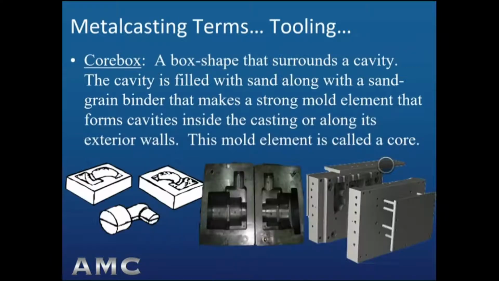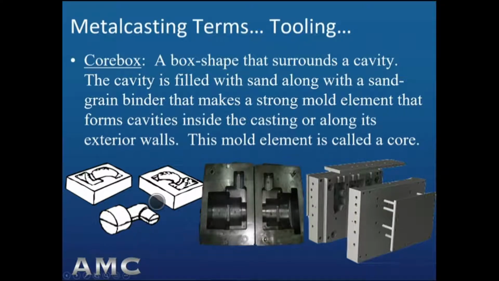A core box: a box shaped that surrounds a cavity. The cavity is filled with sand along with a sand grain binder that makes a strong mold element that forms cavities inside the casting or along its exterior walls. So at the lower left in white, we see 2 halves of a box that forms the core at the lower center.